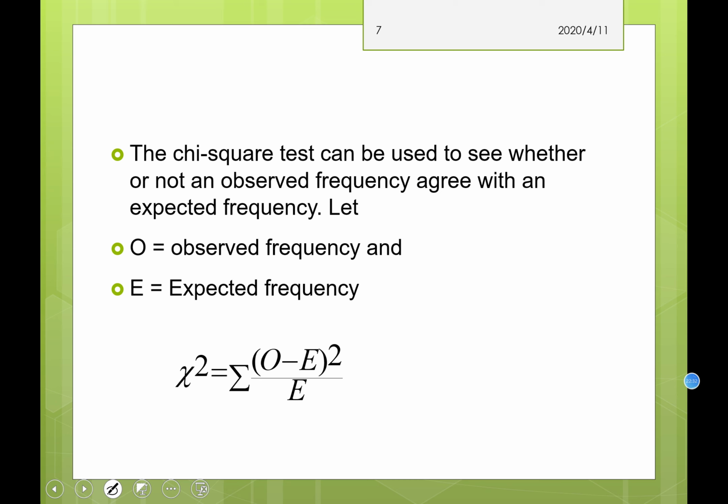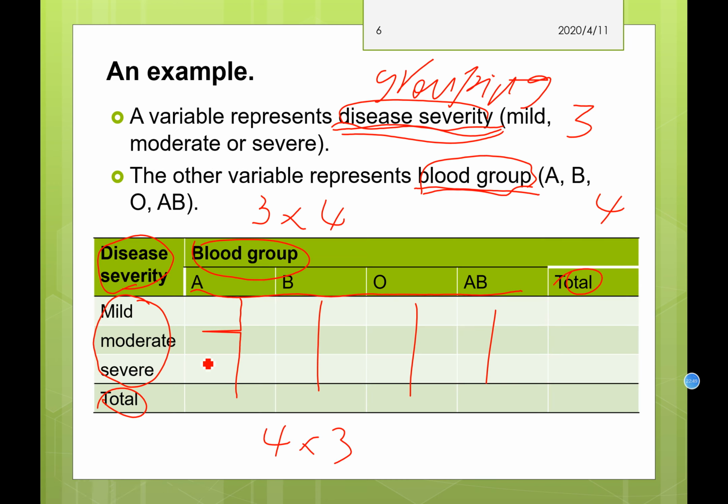Next one. In the chi-square test, we said that the chi-square test is a method of hypothesis test for categorical data. So here, let's go back to the last slide.